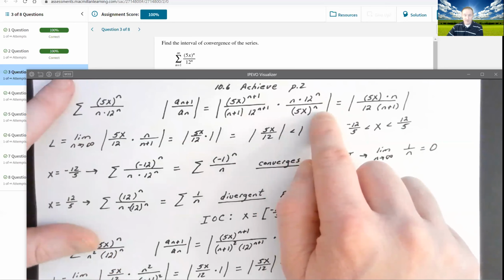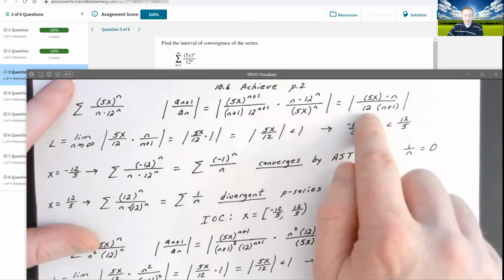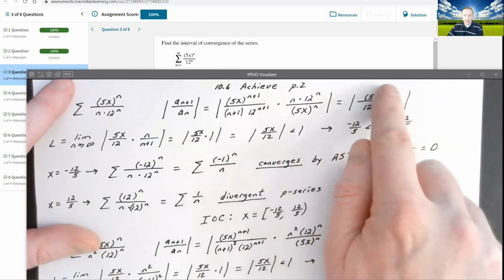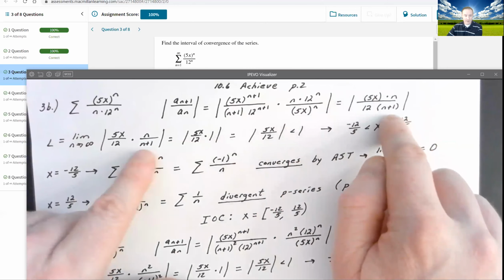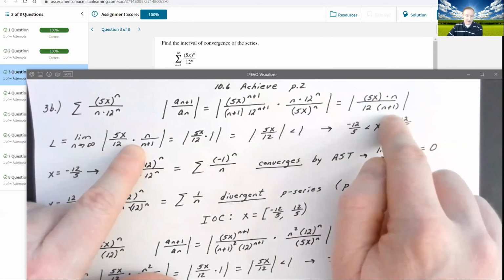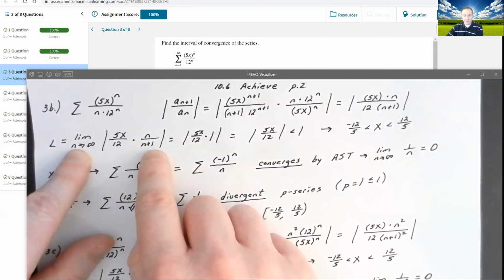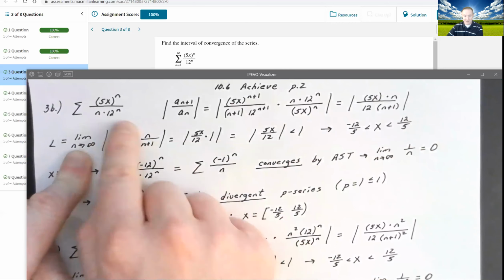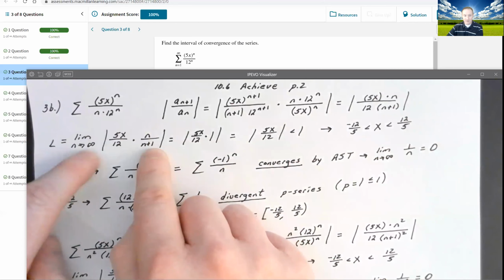It's essentially the same problem as I had before, except the problem before simplified down to be 5x over 12. Now it's 5x over 12 times n over n plus 1. And that's specifically the way that I separated it up when I did my limit as n approaches infinity, because I can say this expression doesn't have an n in it. What happens to this expression of n as n goes to infinity?